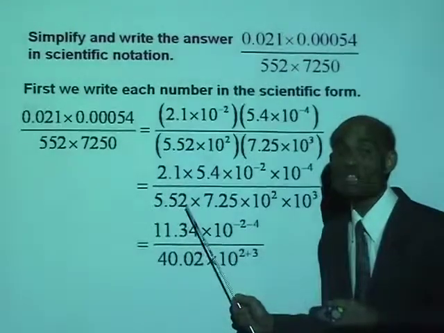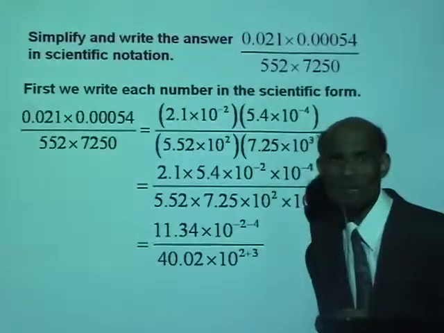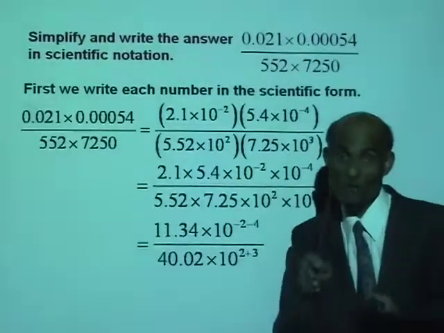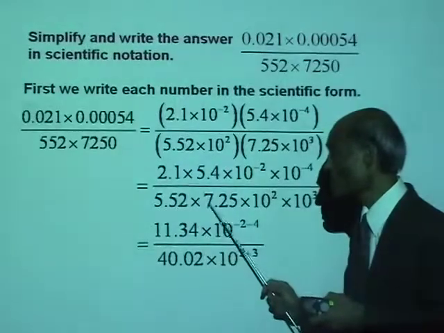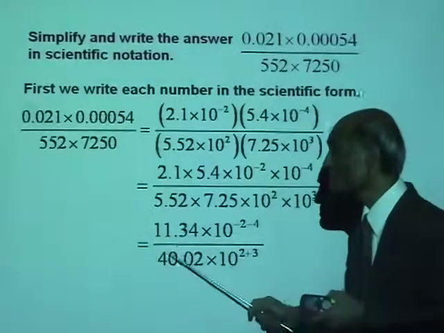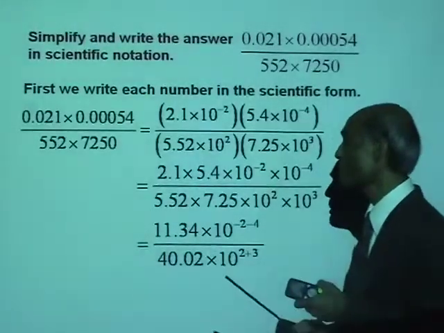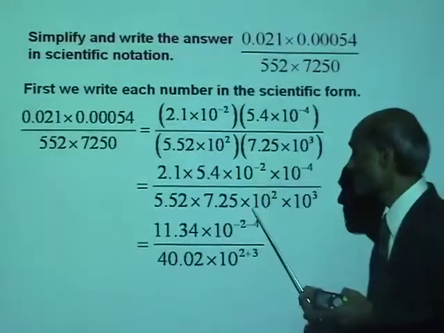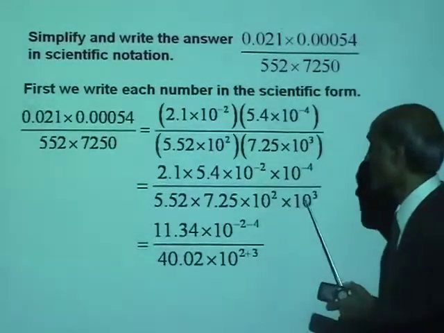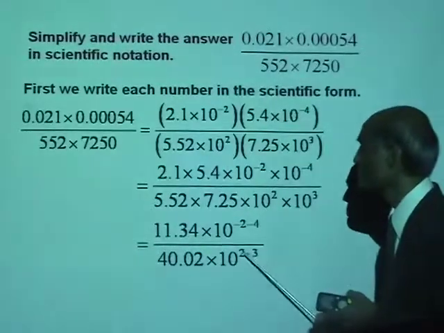You need to check these. Don't just believe my numbers, because very often I make mistakes. But you cannot afford to make mistakes. So 5.52 multiplied by 7.25, I got it as 40.02. Now 10 to the power of 2 multiplied by 10 to the power of 3 is 10 to the power of 2 plus 3.